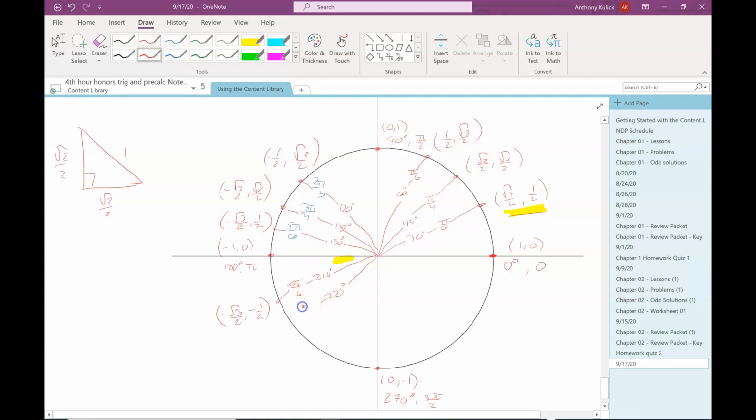And so this would be negative root 2 over 2 and negative root 2 over 2. And then this one would be the equivalent of the 60 degree angle, so that's 240 and 4 pi over 3. And this one is going to be negative 1/2 comma negative root 3 over 2.